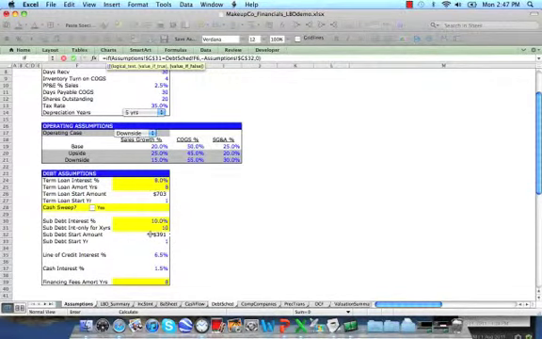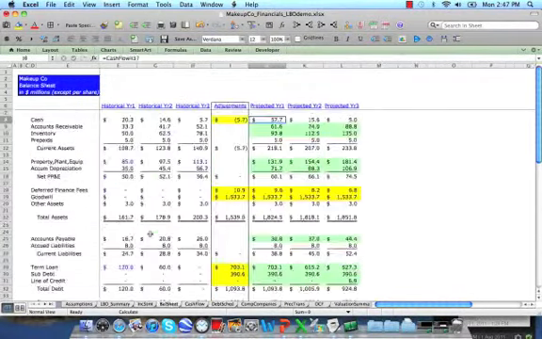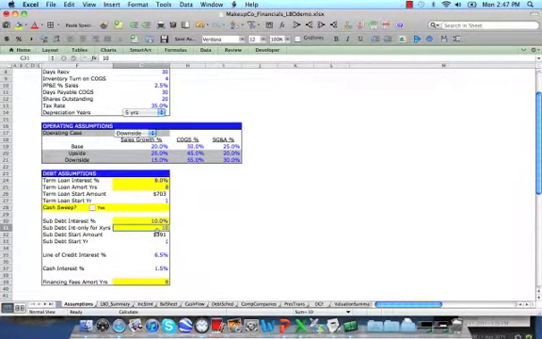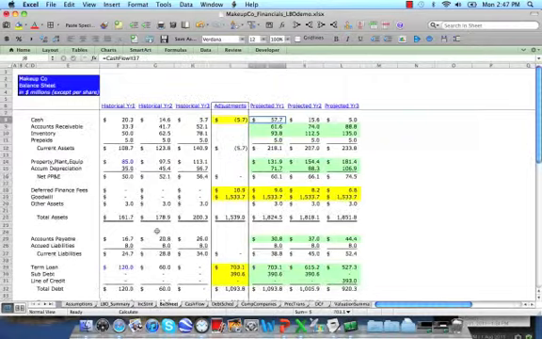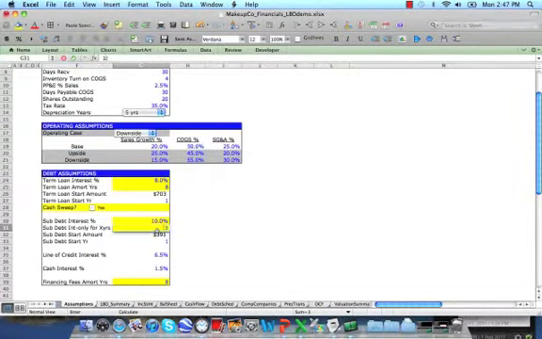If not, zero. And we should get zeros across. And just to show you that in action, if I say that it's interest only for 3 years, you can see it gets paid in year 3. But let's put that back to 10 years now.